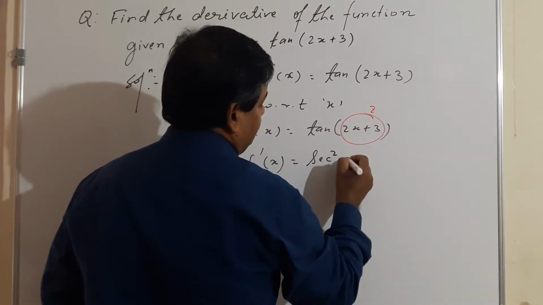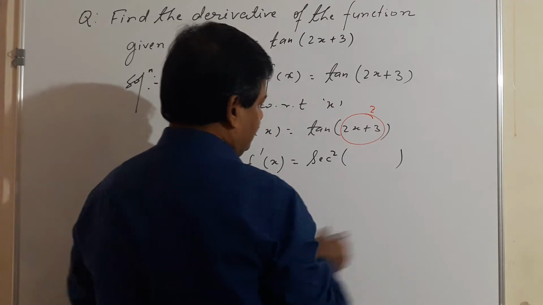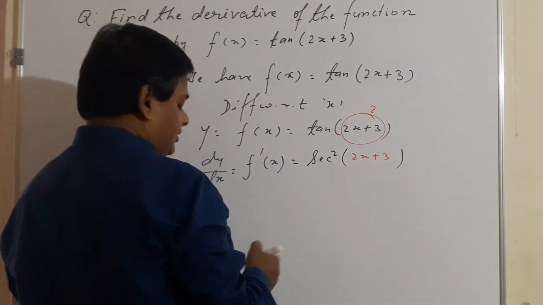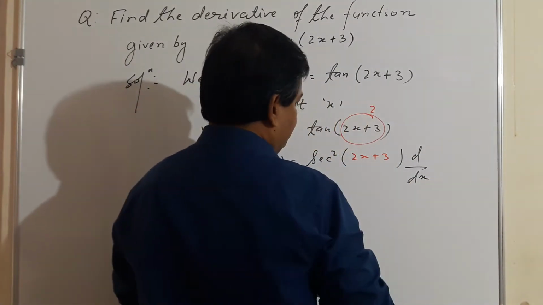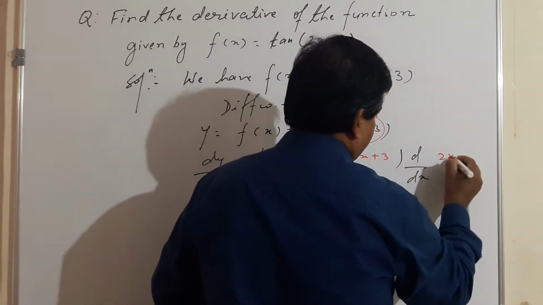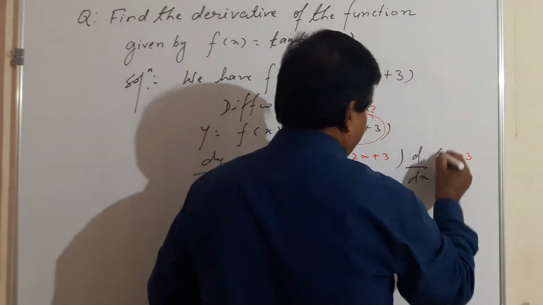Sec² z. What is z? z is 2x + 3. Now the differentiation of z, which means of 2x + 3. So here it becomes sec²(2x + 3).